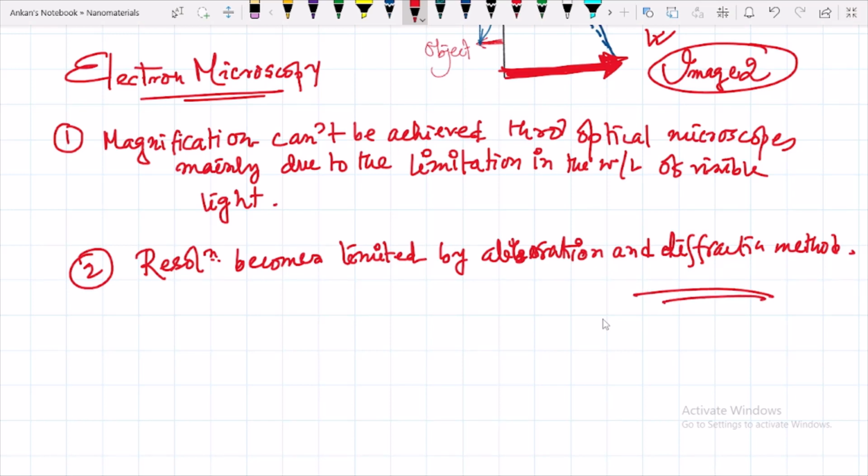These were the two problems of optical microscopy.